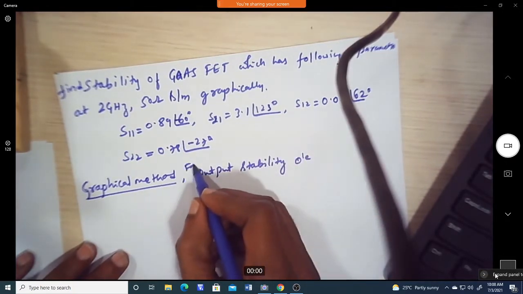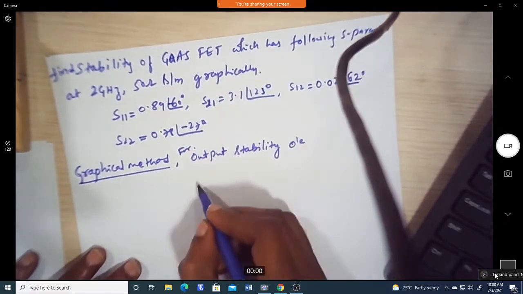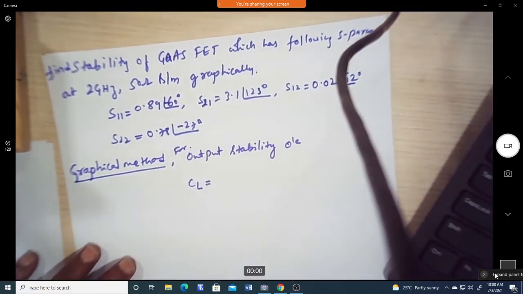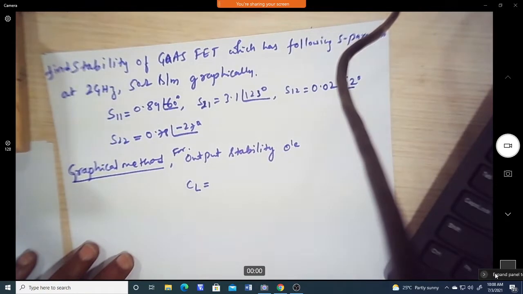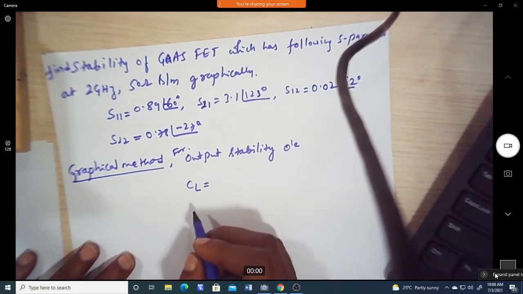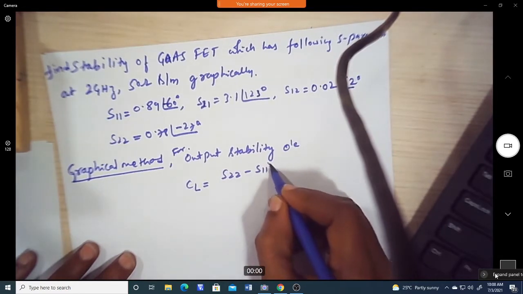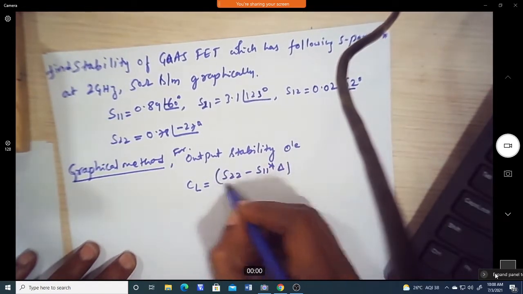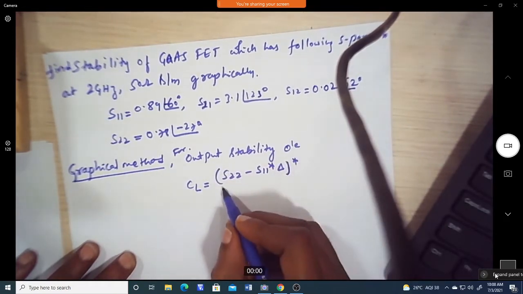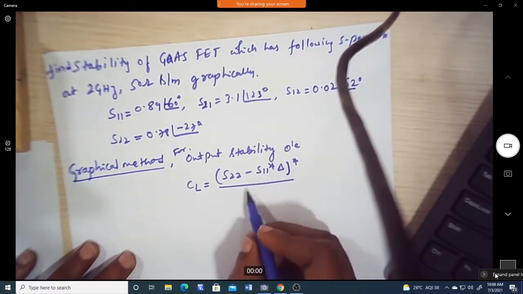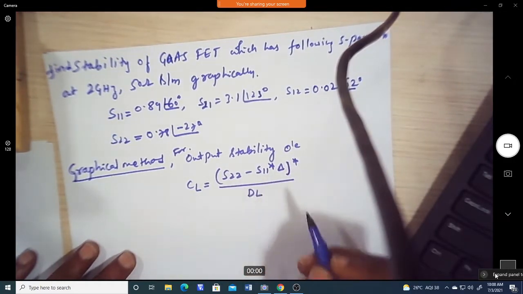For the output stability circle, we have the equation CL, that is, S22 minus S11 star delta, the complex conjugate of this, divided by DL.